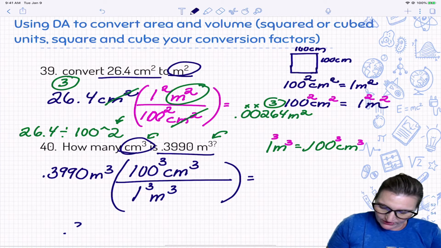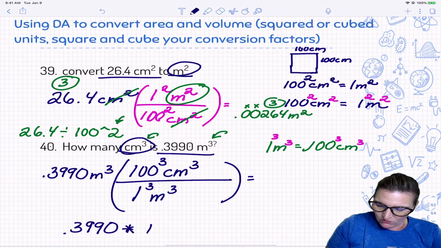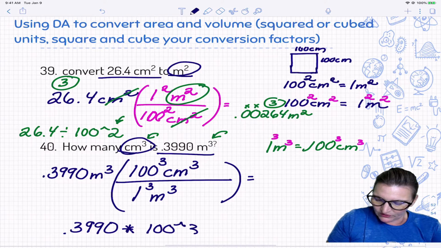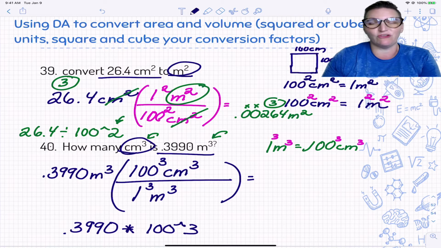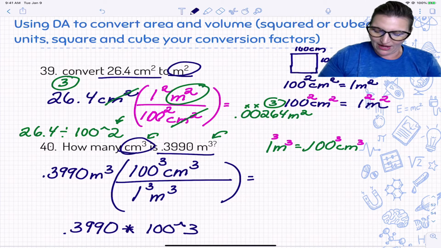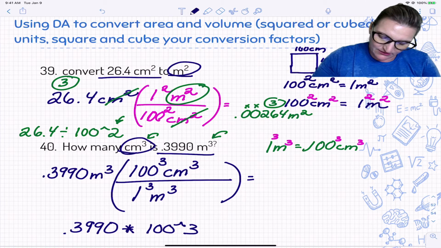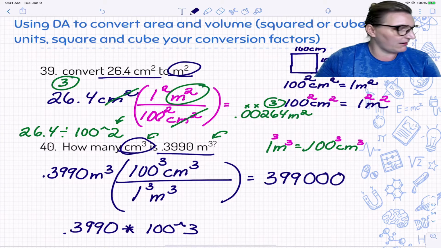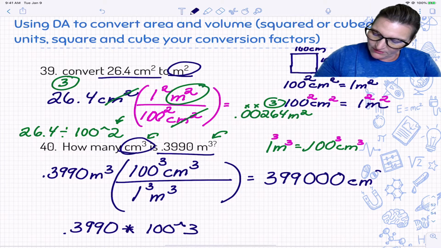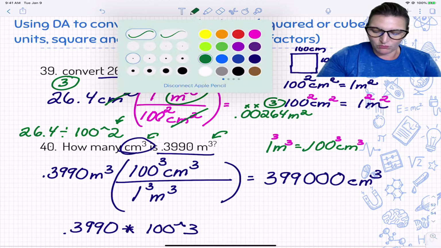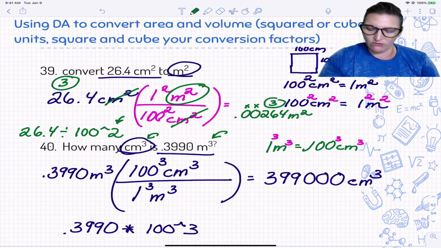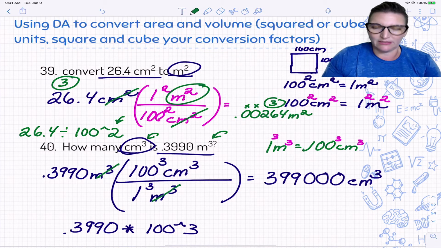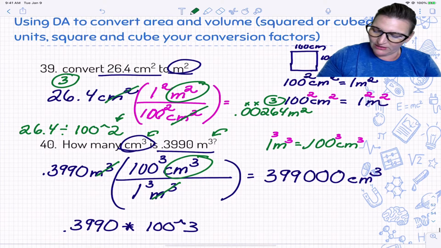I plug in 0.3990 times 100 cubed. Again, not scientific notation, just 100 cubed. When I do that, my answer is 399,000 centimeters cubed. And at the end of these problems, I always want to make sure that my units cancel out. So the cubic meters cancel out. The only unit that is left is centimeters cubed.